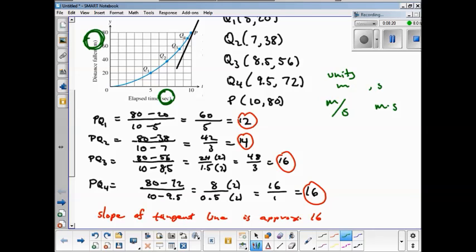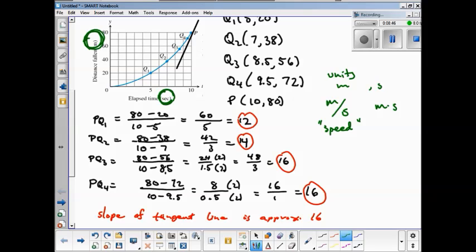If you multiply them, it would be meters times second, which might not mean much to you. But anytime we have a distance and a time, the slope represents speed.